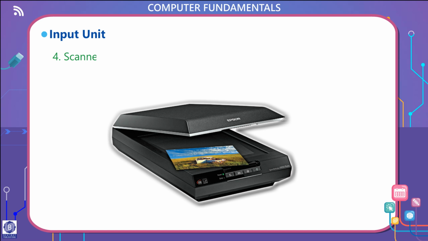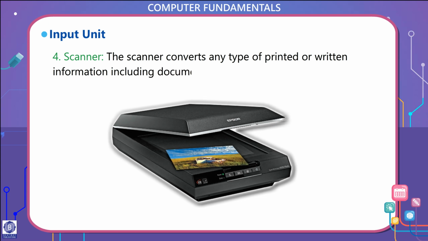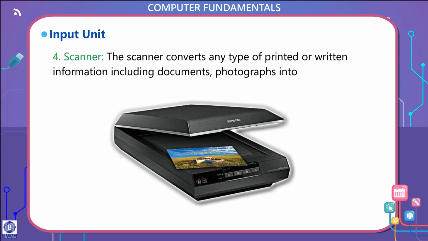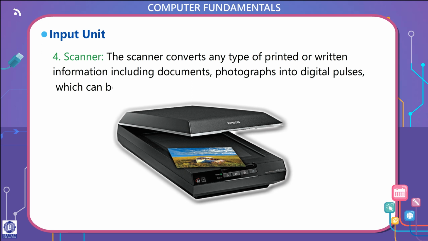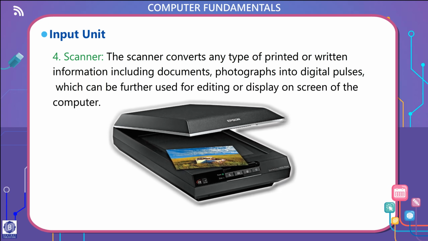Number 4. Scanner. The scanner converts any type of printed or written information, including documents and photographs, into digital pulses, which can be further used for editing or display on the screen of the computer.